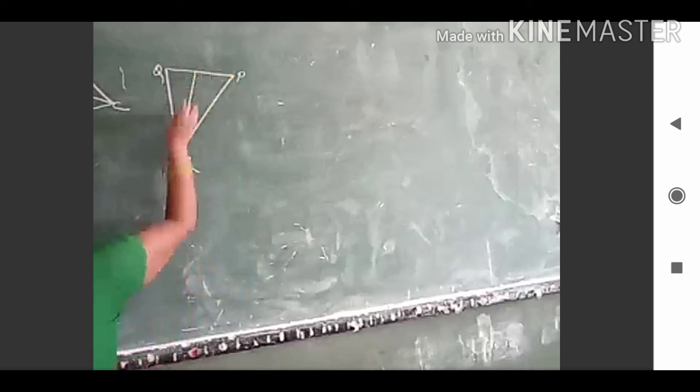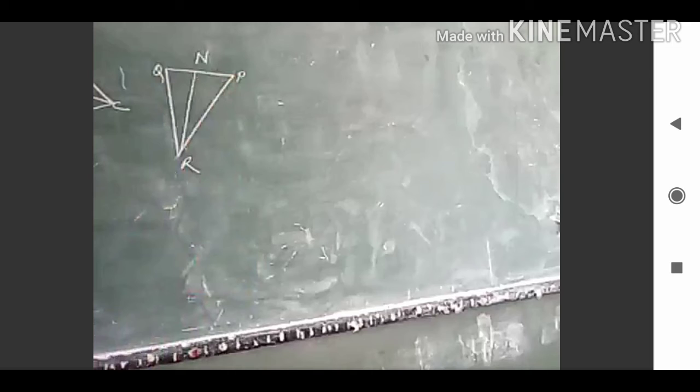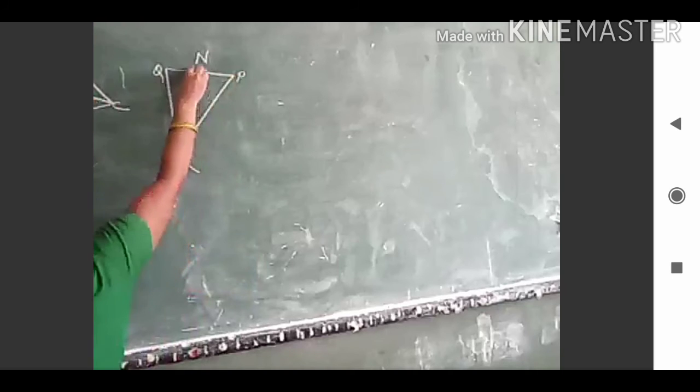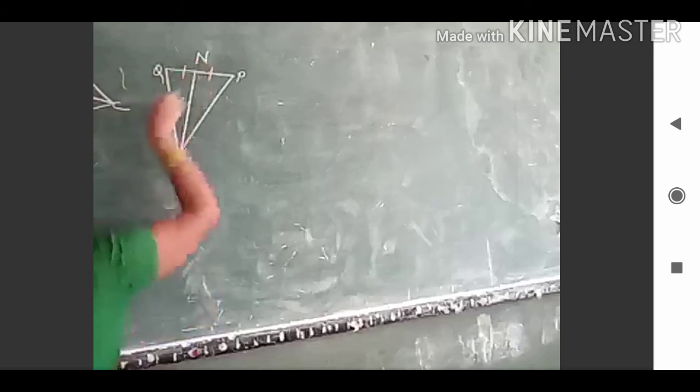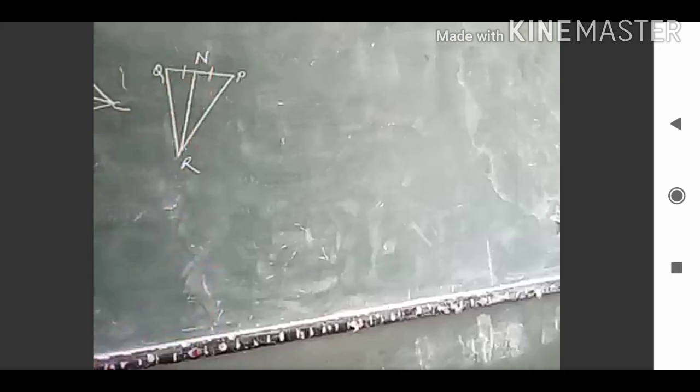PQR. What is given for you? The given is that CM and RN are respectively the medians of the triangles. CM is the median of triangle ABC and RN is the median of triangle PQR. If it is a median, that means these two sides are equal. A median divides that particular side, and angles also, into two equal parts.